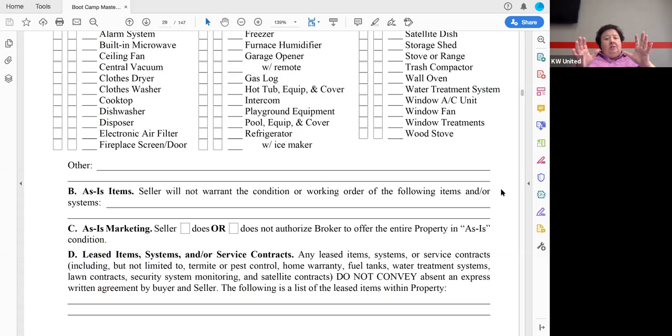But when it's just someone where everything looks fine, and then they say, well, the refrigerator, I'm not going to fix the refrigerator. It is what it is. Like, okay, well, that's why we have this here. We're going to mark it as as is items, as opposed to under B, as is total marketing. We don't want to market your whole house as is. We just want to write down the items that you say are as is, okay?